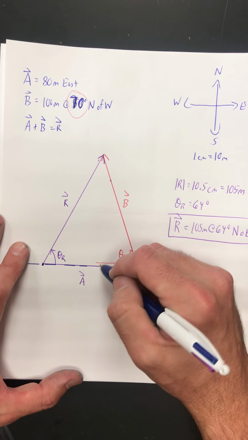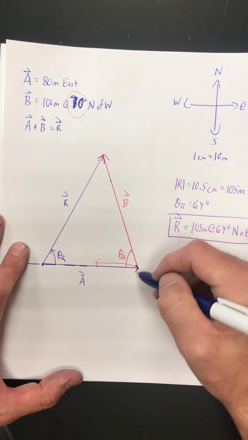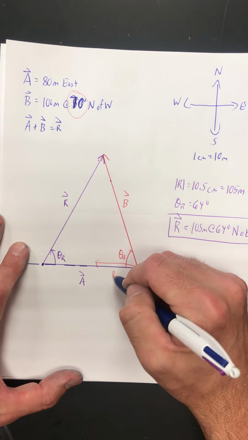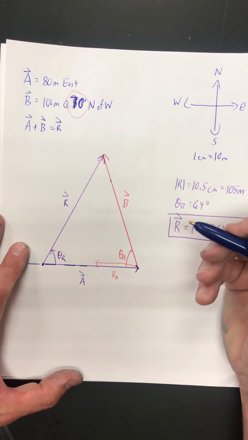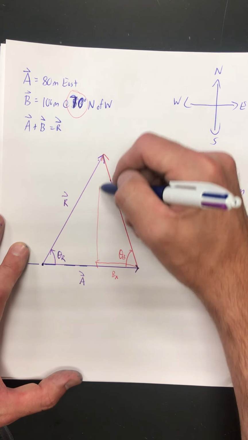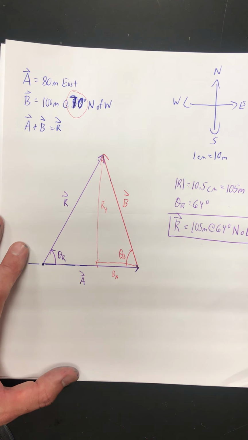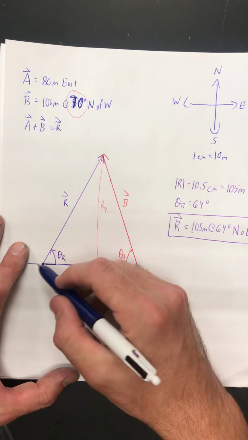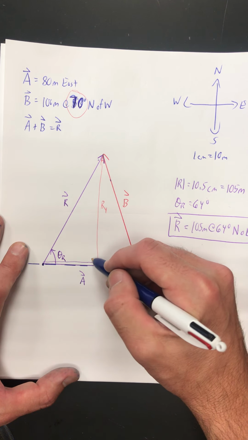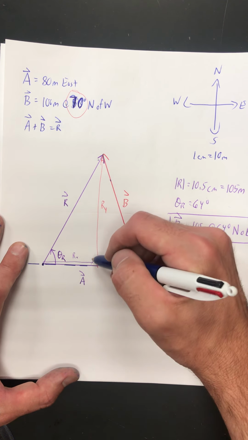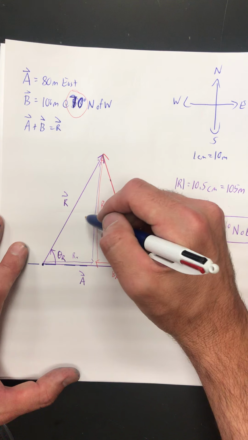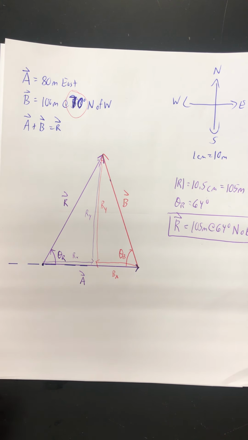And these are just sketches. I'm not doing this formally. Right there, that is the part of B that acts horizontally. And that's the part of B that acts vertically. Same thing for vector R. So there you go. That would be the part of vector R that acts horizontally. And that's the part of vector R that acts vertically.